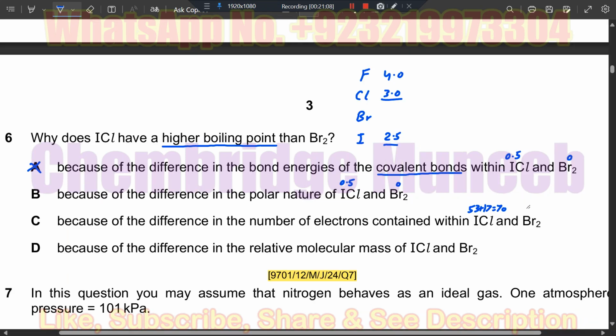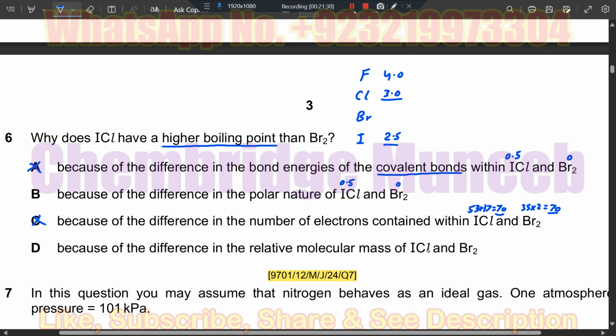So 35 times 2 is also equal to 70. So both of them have 70 electrons each, which means that there is no difference on the basis of the electrons. So C is incorrect.